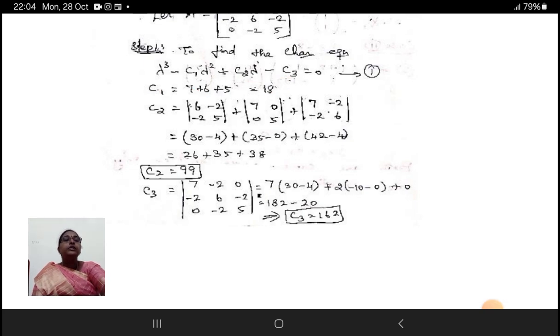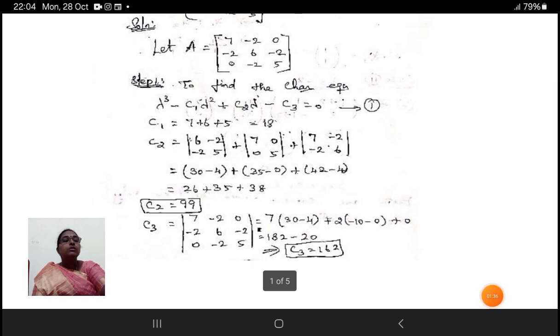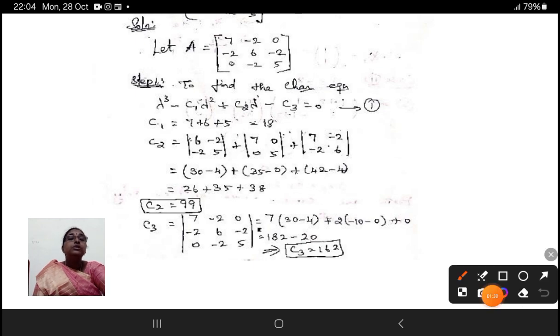Next, to calculate c2, the formula is the sum of the minors of the main diagonal elements. Our first main diagonal element is 7. Omit its row and column and you get the remaining 4 values. Cross multiply these 4 values and you get the answer.